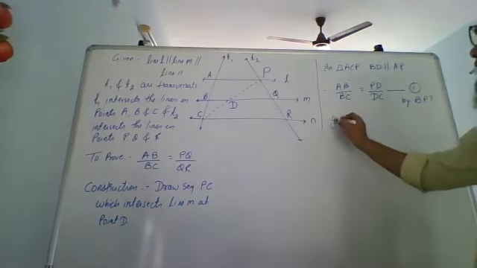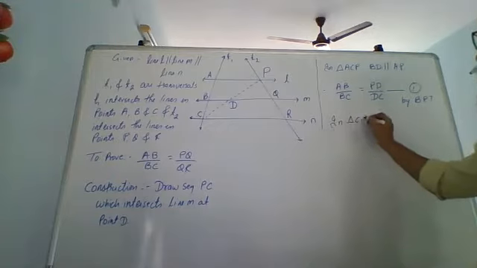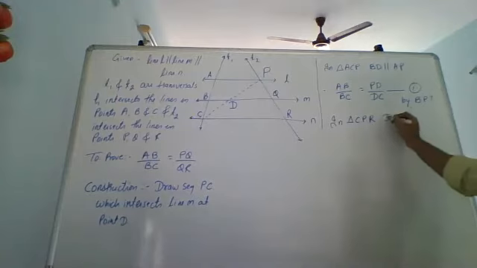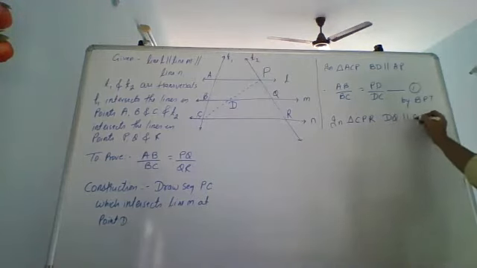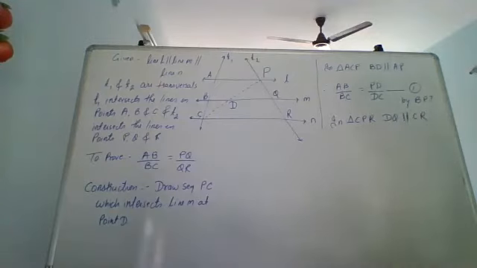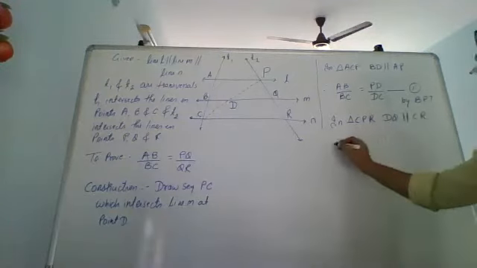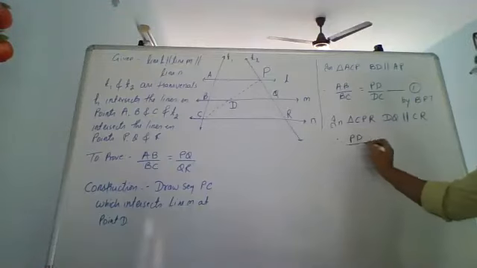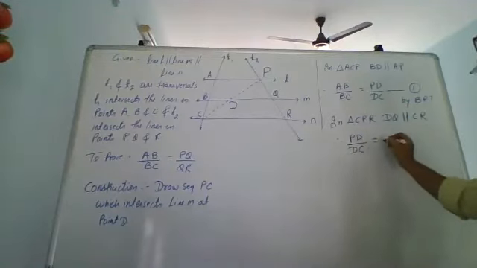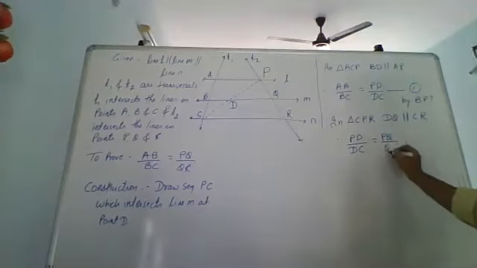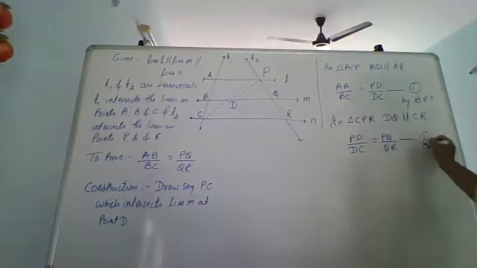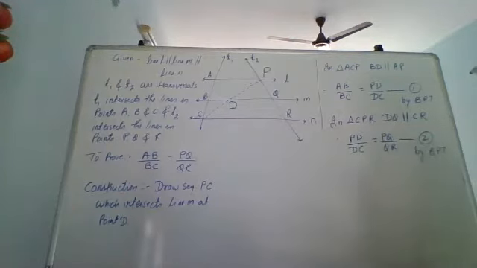Similarly, in triangle CPR or PCR, DQ is parallel to CR. Therefore, PD upon DC equals PQ upon QR, equation 2, this is also by BPT.